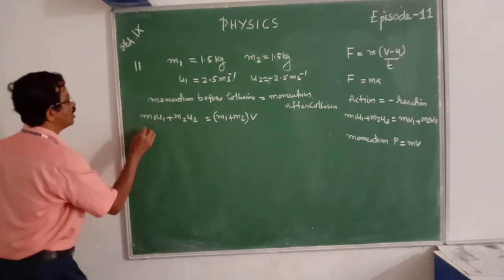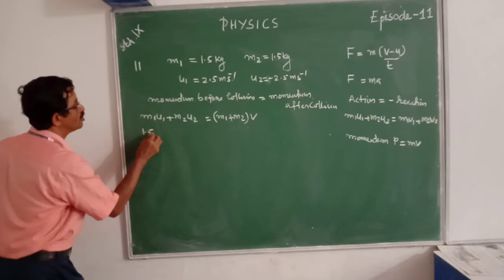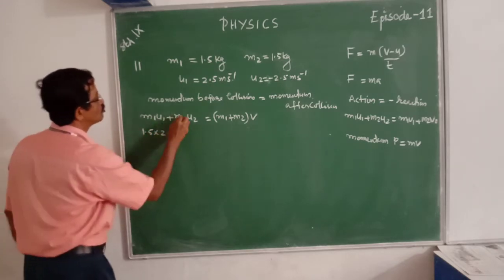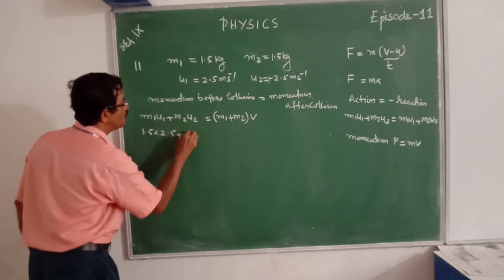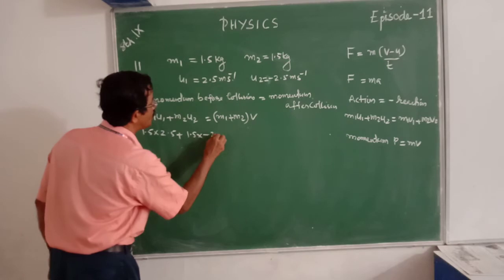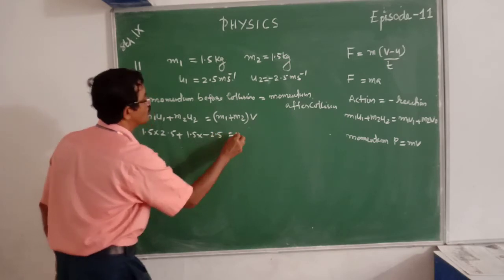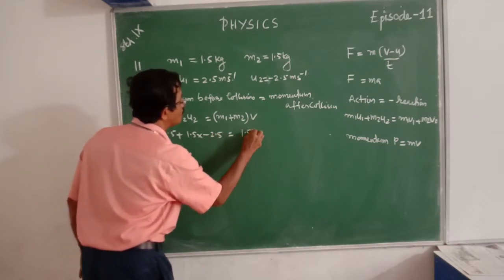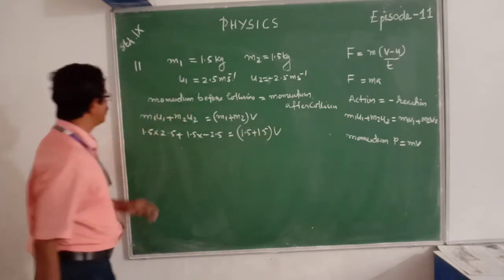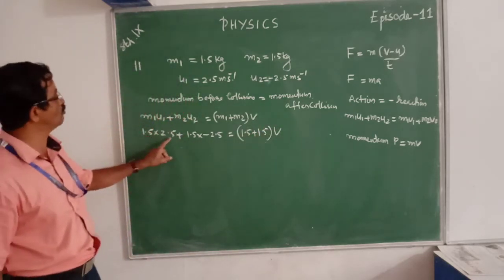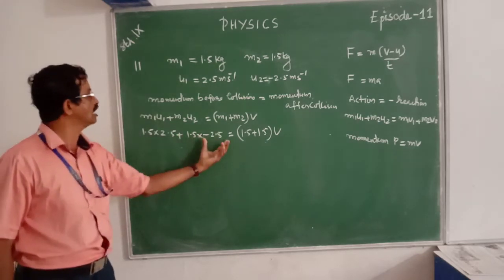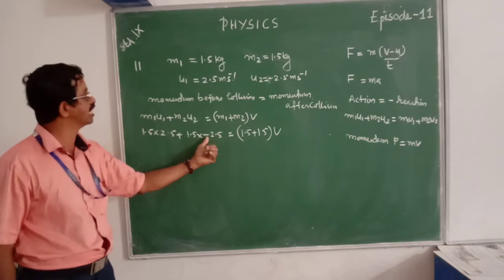Now m1 u1: m1 is 1.5 into velocity 2.5, plus m2, that is 1.5 into velocity minus 2.5, is equal to 1.5 plus 1.5 into v. But you see 1.5 into 2.5 and this are the same quantity, but here negative.